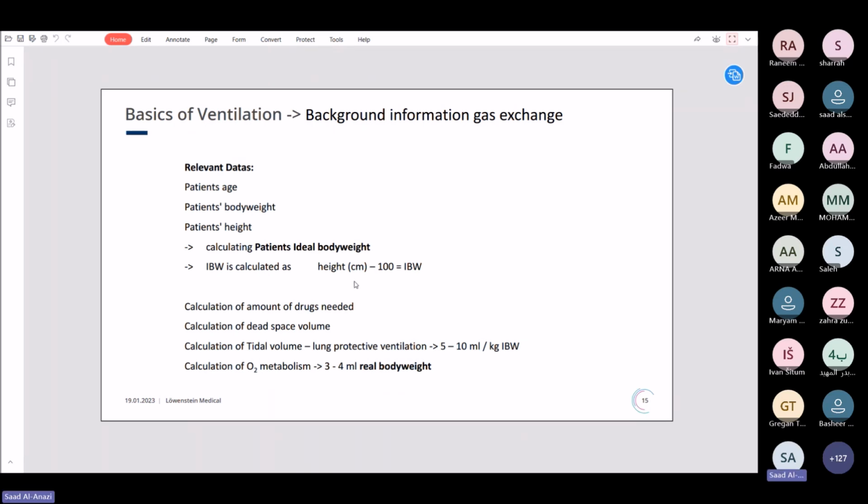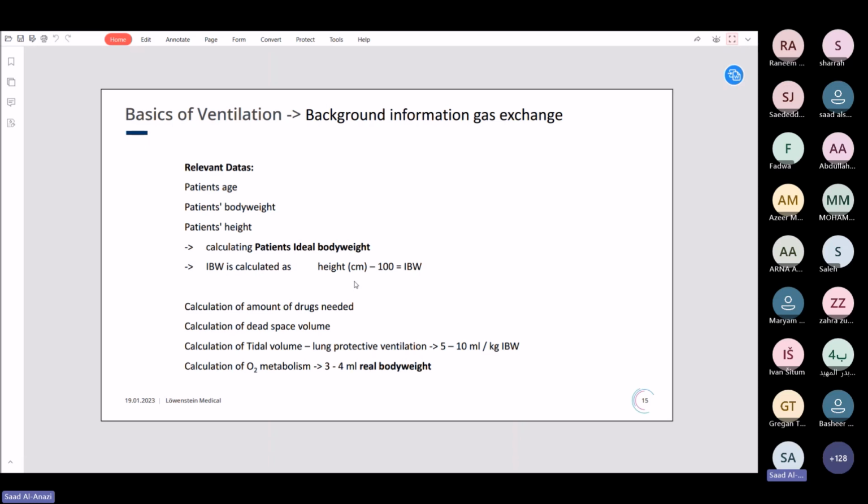With this information, for the ventilator you have to enter all the patient information. Why do we need to enter it? You have to enter the patient's body weight and height, because the ventilator immediately calculates the ideal body weight for this patient.